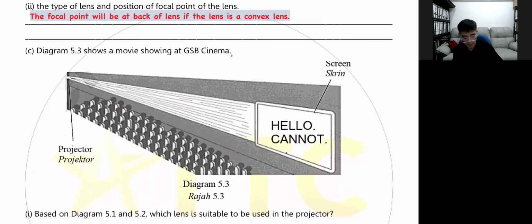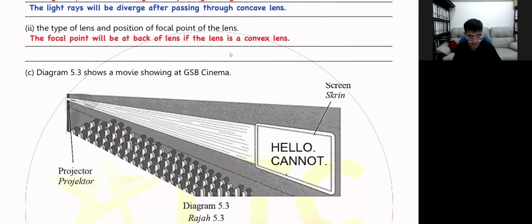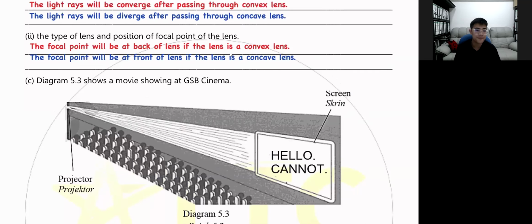Am I right? Then the next one is almost the same answer, but you change the keyword. Just now the focal point was at the back. Now the focal point will be at the front of the lens if the lens is a concave lens. So just change the keyword.